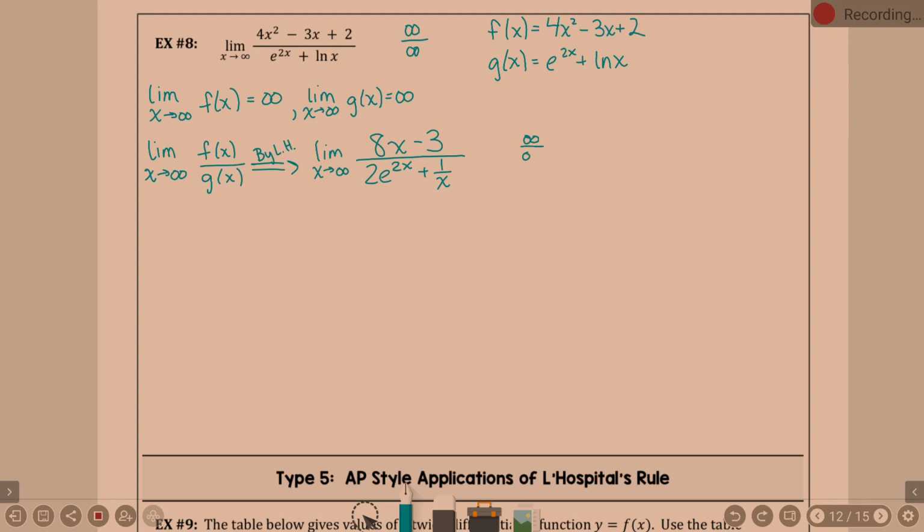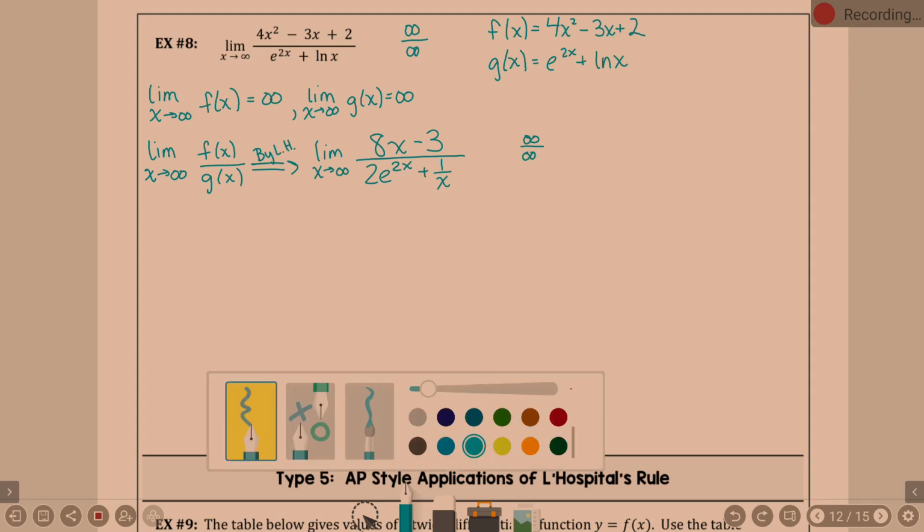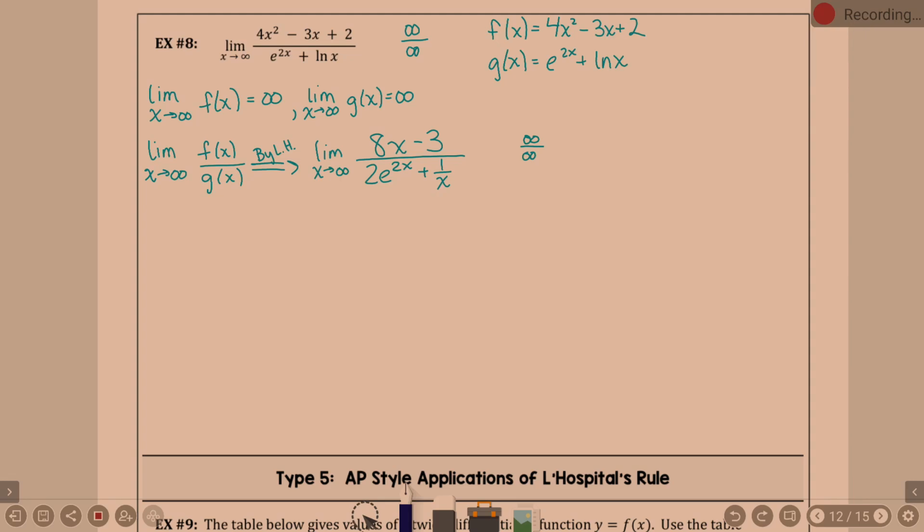Now, when we state our limits this time, what we just got, infinity over infinity, was f prime and g prime. So the limit as x approaches infinity of f prime was infinity and of g prime was infinity. So you just have to keep straight what you're referring to.